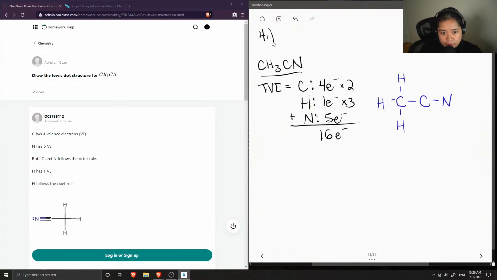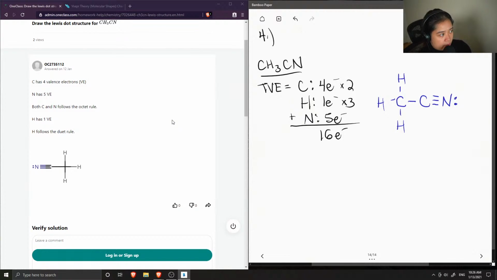So the most reasonable configuration is a triple bond between the carbon and nitrogen, with the nitrogen having a lone pair. So now let's count out all the electrons I have so far. We have 2 in each bond and then 1 lone pair on the nitrogen, so this is 16. So this is the final Lewis structure for this molecule.